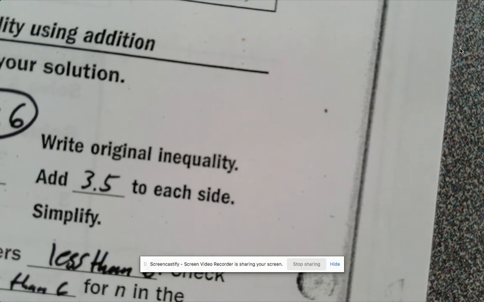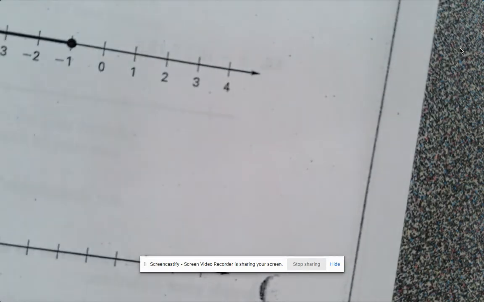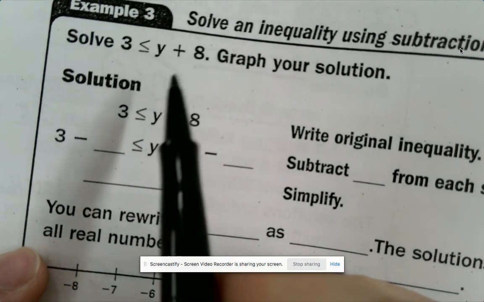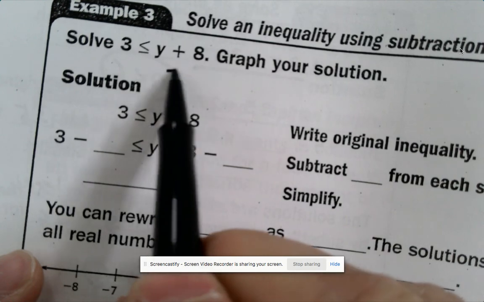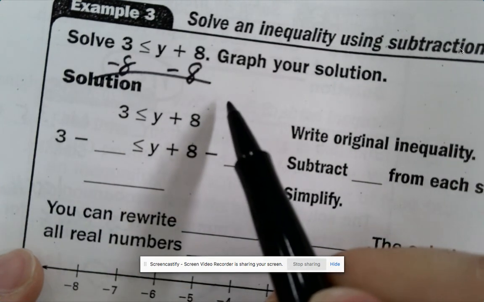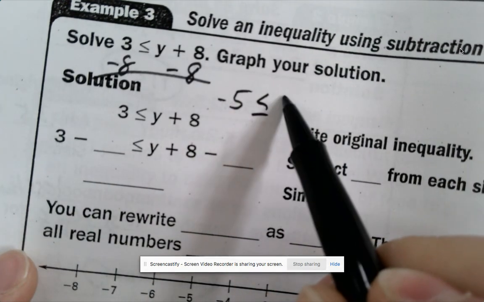Let's take a look. If you turn the page to page 3, let's look at subtraction inequalities, using one step to solve these. So using subtraction to solve these inequalities. You can see we want to solve for y, -8 here, -8 here. You're left with 3 minus 8, which is -5, is less than or equal to y.